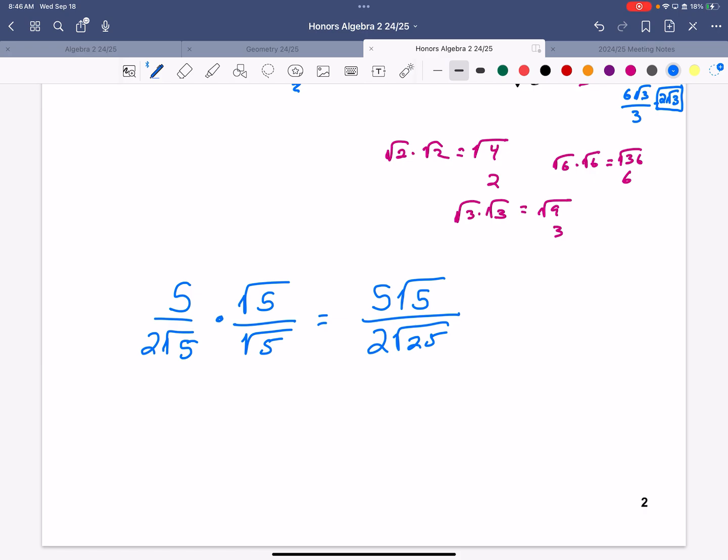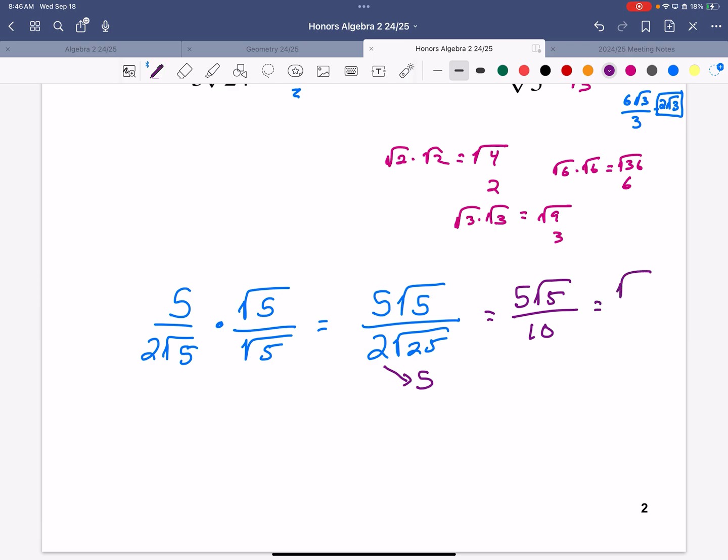Now we've got that perfect square in the denominator. Square root of 25 we know at this point is just 5. Multiply that 5 and 2 together. So we've got 5 radical 5 over 10. 2 times 5 is 10. Now we've got a 5 and a 10 outside of the radical. 5 goes into itself once, so this 5 becomes a 1.